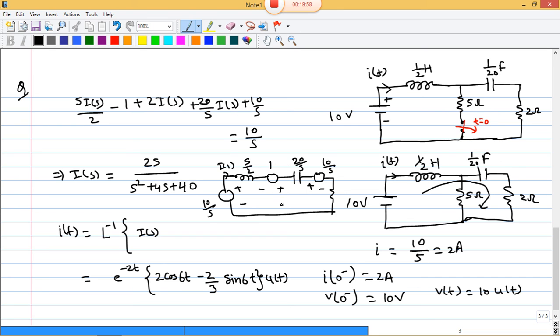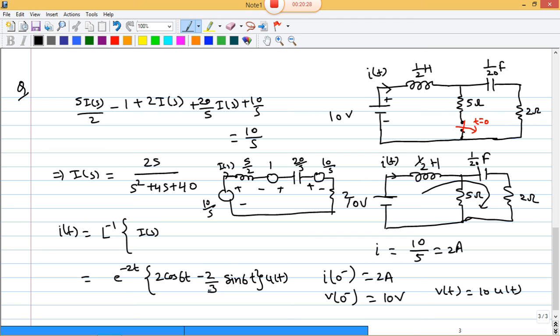Is that clear? Now for the 2 ohm it will be 2 as it is. Now I(s) is flowing through this, and I have written this equation based on this structure, and this structure is nothing but the Laplace of the given structure. Is that clear?